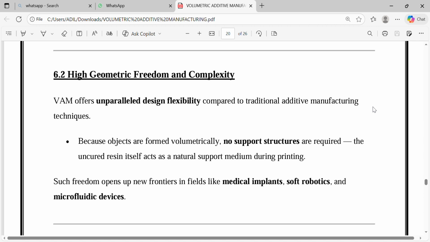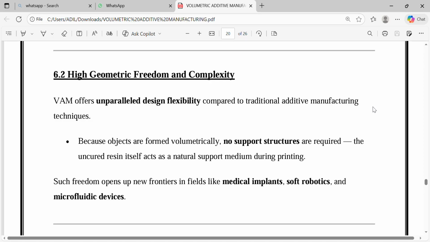Because objects are formed volumetrically, no support structures are required. The uncured resin itself acts as a natural support medium during printing. Such freedom opens up new frontiers in fields like medical implants, soft robotics, and microfluidic devices.